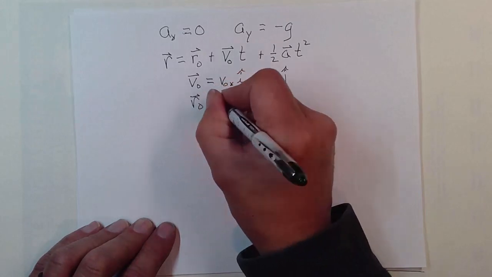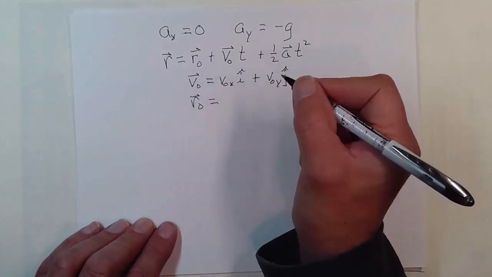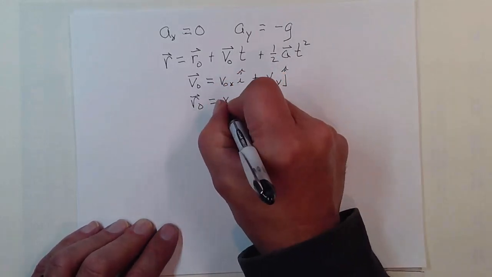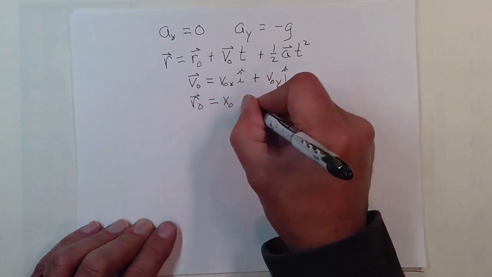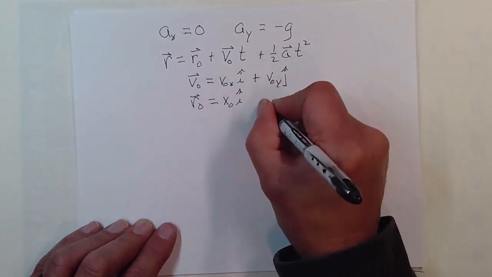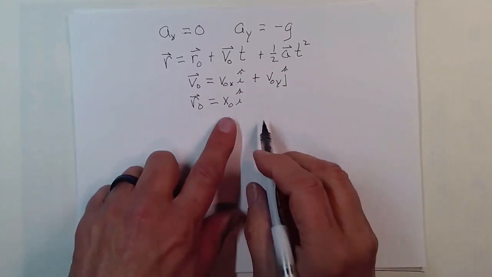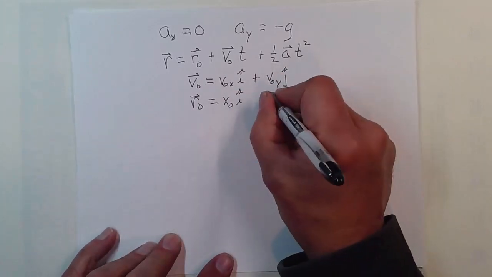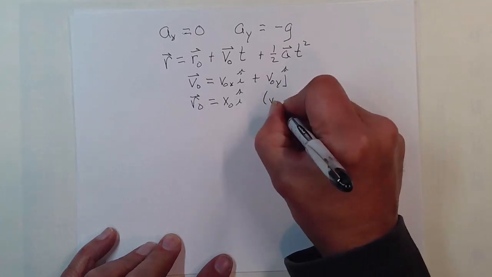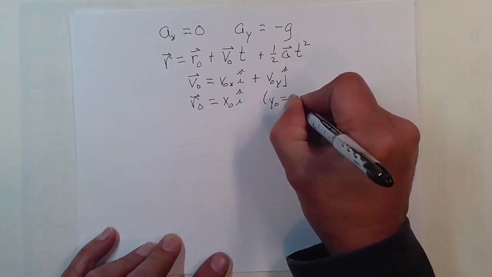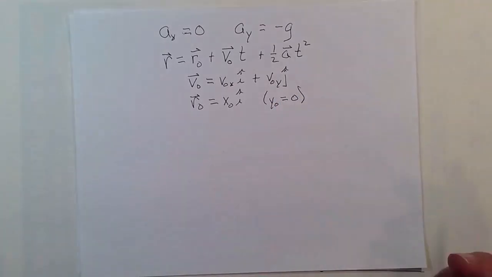R naught, maybe in this case we have an x naught that's part of r naught in the i hat direction, but y naught is equal to 0. And so we don't have a y naught. And I'll just put that in parentheses here: y naught is equal to 0. That could be, it depends on the description of the problem that we happen to have.